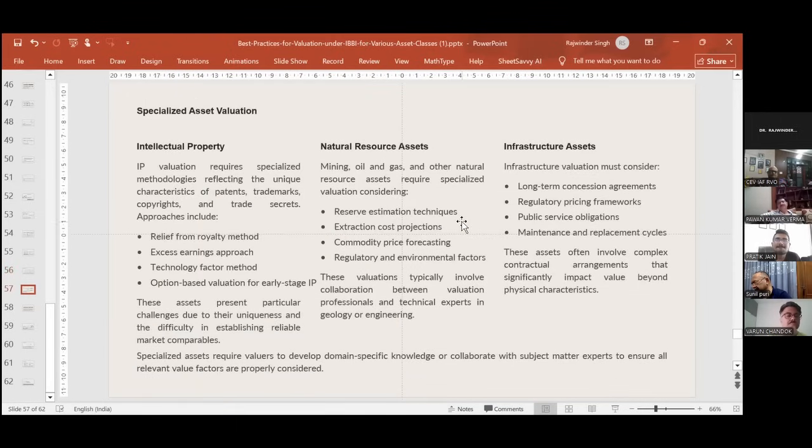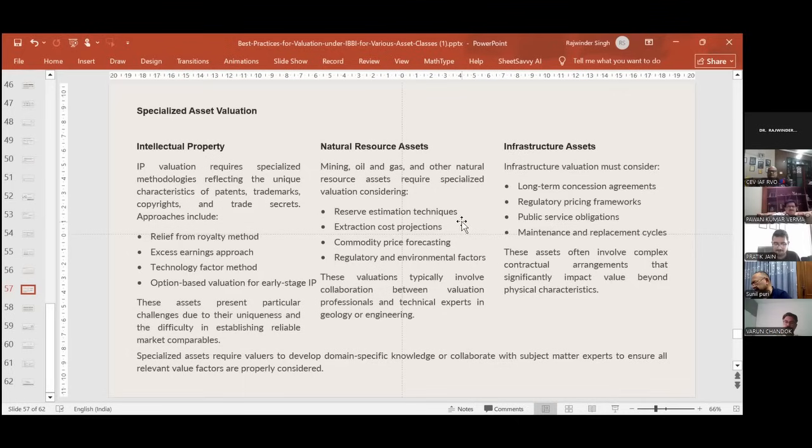Now, IBBI has only three asset classes: land and building, plant and machinery, and the securities or financial assets class. But there are certain specialized assets for which valuations are required in today's scenario, such as intellectual property rights, natural resources assets, and infrastructure assets.